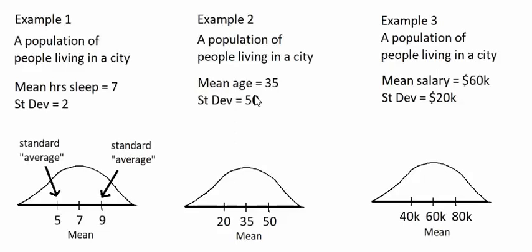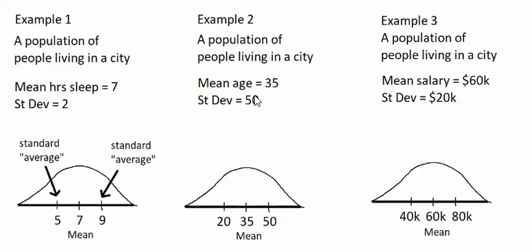If the standard deviation is 5, then the mean is 35, the average, but it's typical or average or not surprising for a person to be 5 from the mean. So if you come across someone who's 5 below the mean or 5 above the mean, that person is pretty typical for this population.